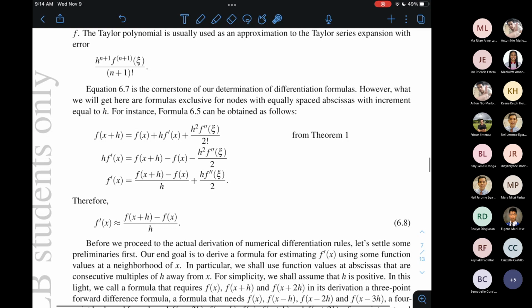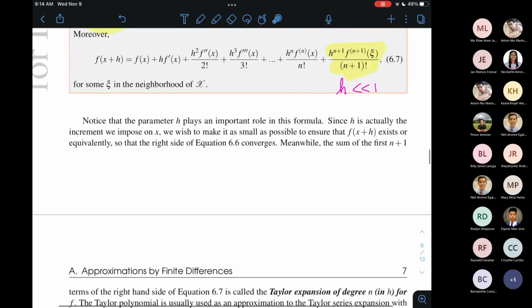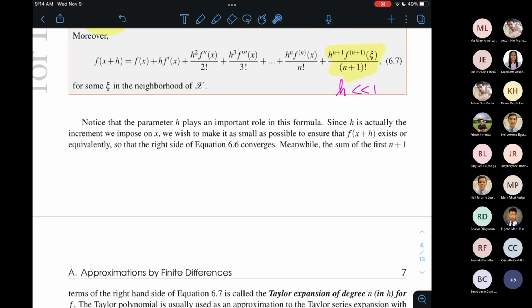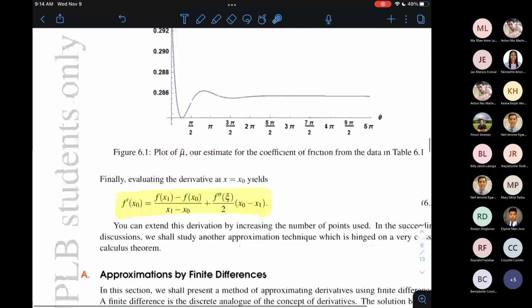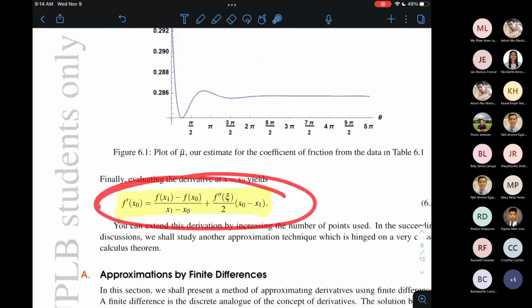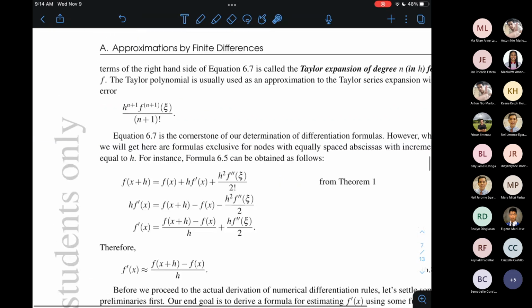Okay. So maybe now let's try to derive, say, a 2-point formula of, say, order 1. Okay. Halimbawa, gusto ko tong i-derive. Actually, this formula is derivable. This formula can be derived from the Taylor series expansion. All right. So paano ko siya ma-derive mula sa Taylor series expansion?